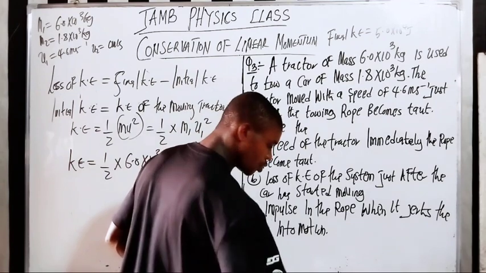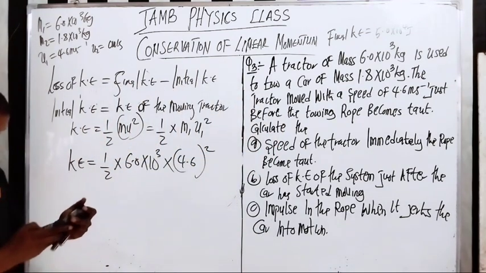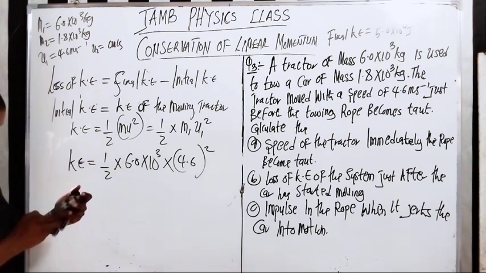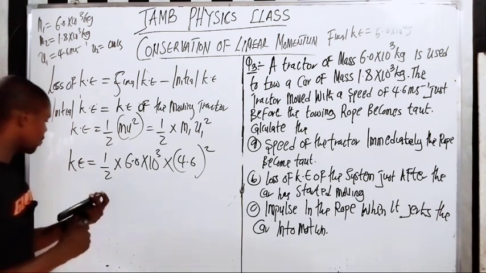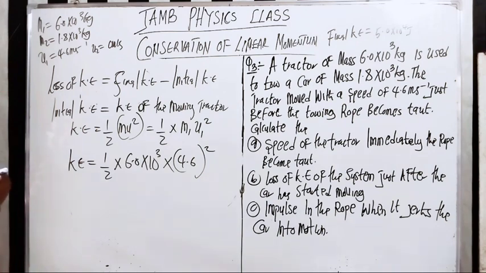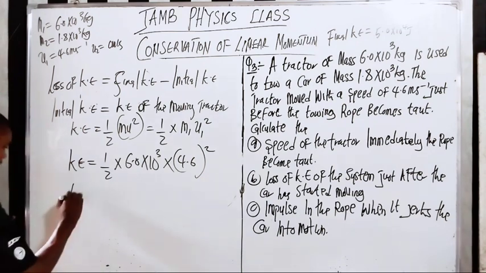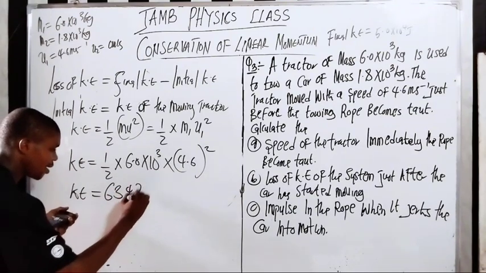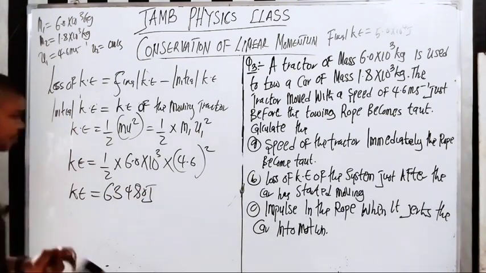Let's use our calculator. 6.0 × 10^3 times 4.6 squared divided by 2. So we have kinetic energy equals 63480 joules. If I convert it to standard form, it is 6.348 times 10^4 joules.